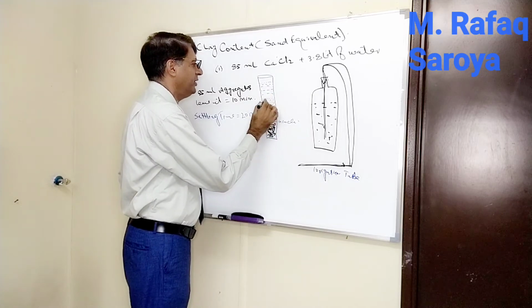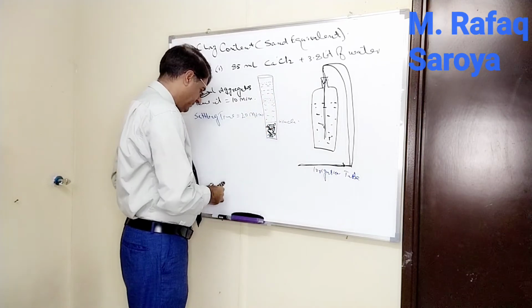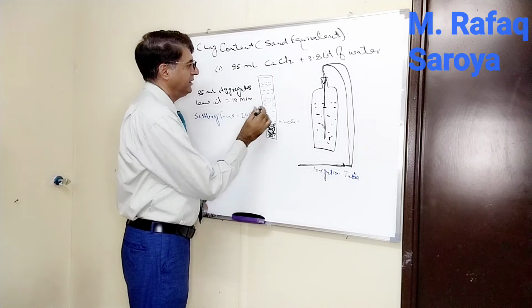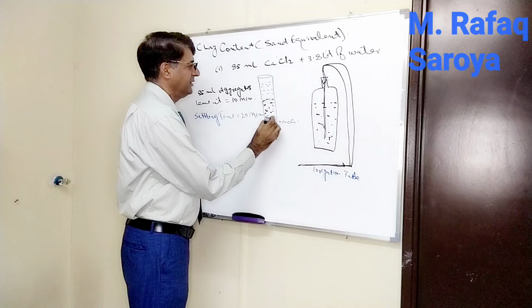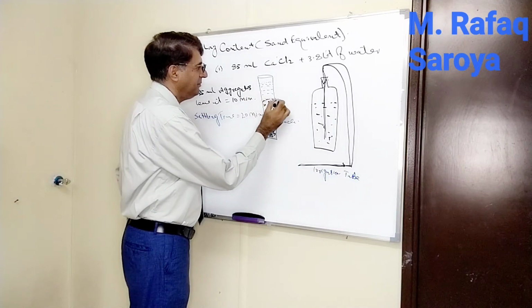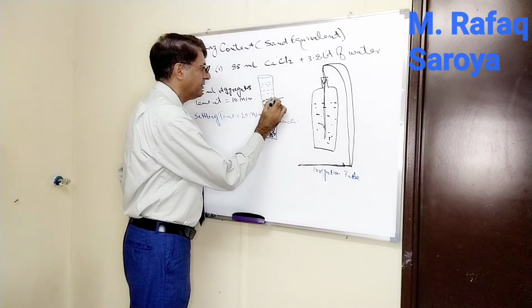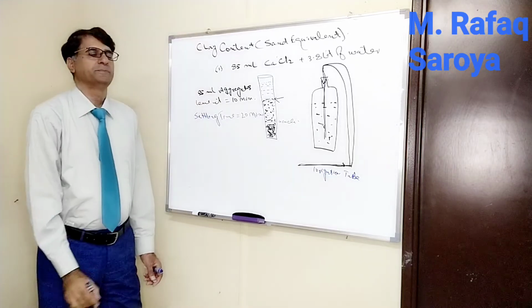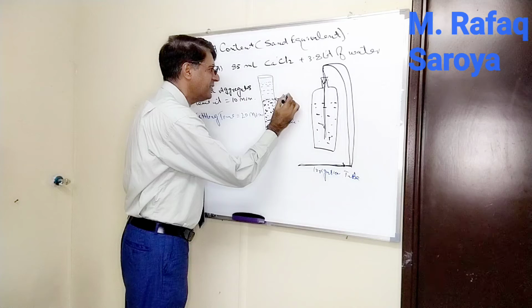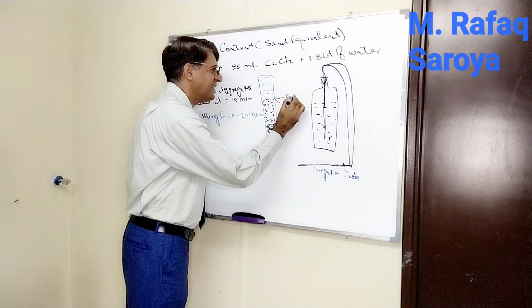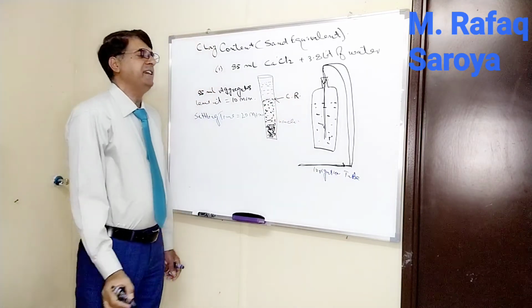Above is all solution. Here we see that some of our clay particles are just suspended like this. This point is marked, and it is known as CR, the clay reading.